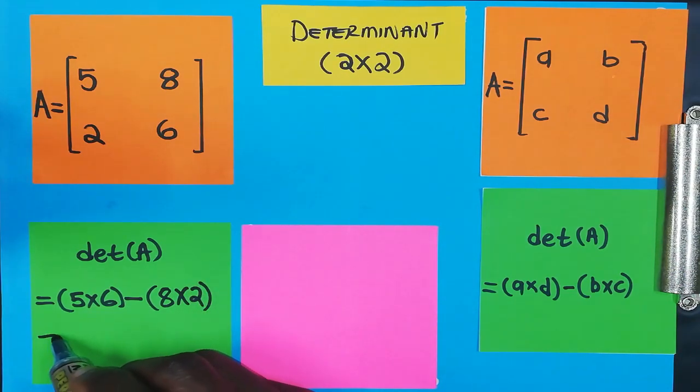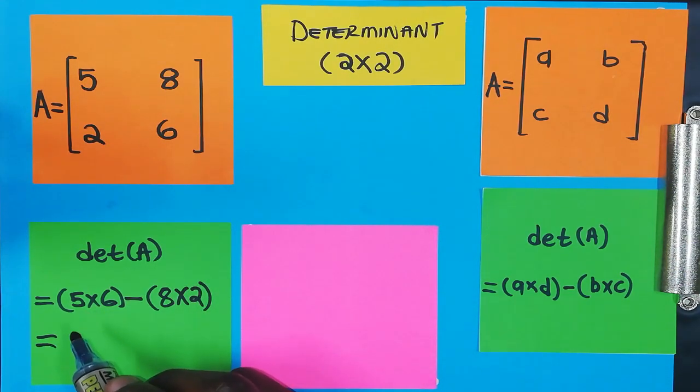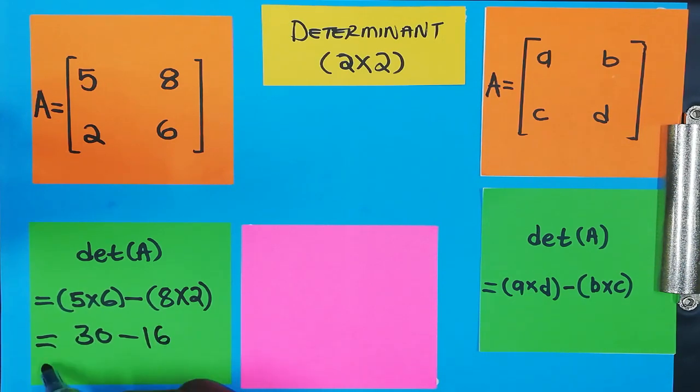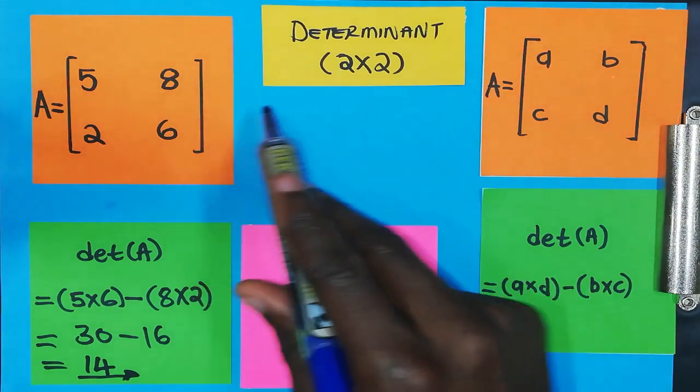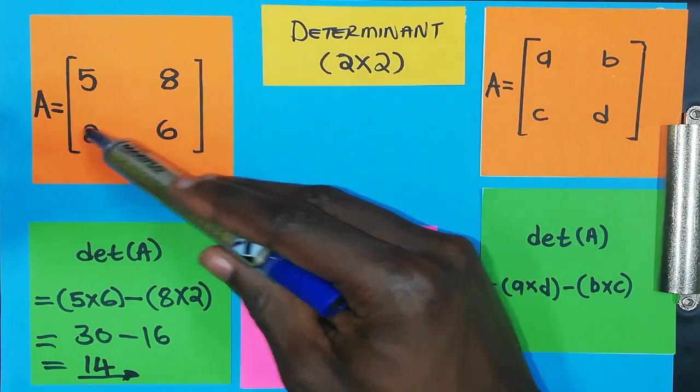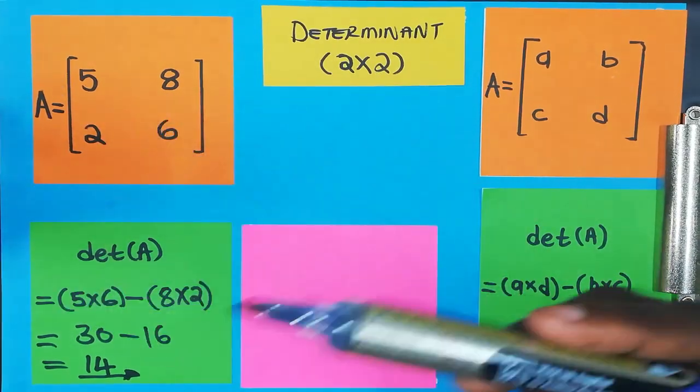So the answer is 30 minus 60, therefore we get 14. This is the answer when we determine the determinant for matrix A, a 2x2 matrix.